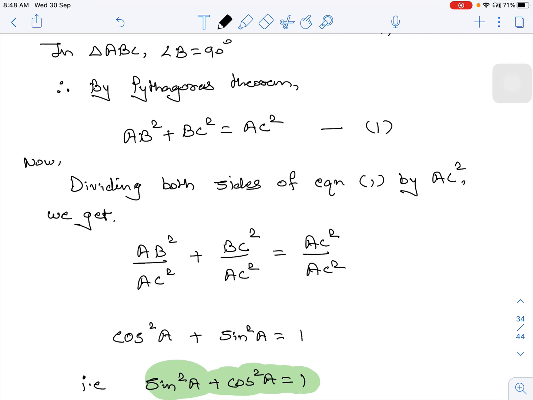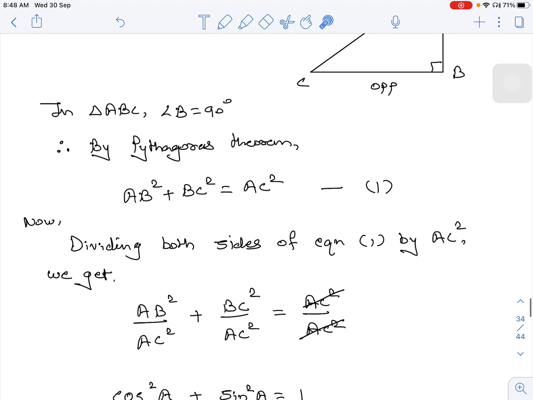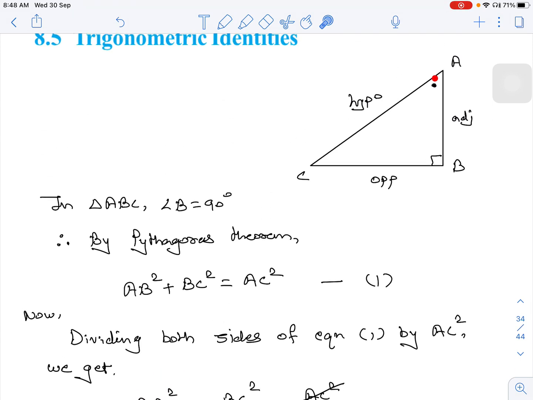Now this AC square and this AC square will get cancelled, so its value will be 1. Now this AB square upon AC square, forget about the square, AB upon AC with respect to this angle A is what?